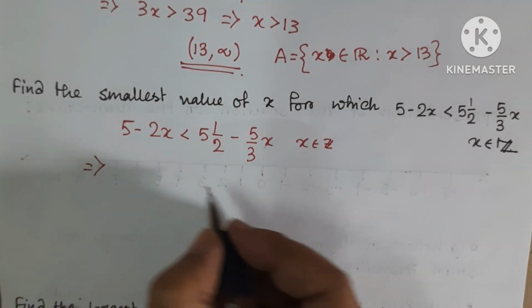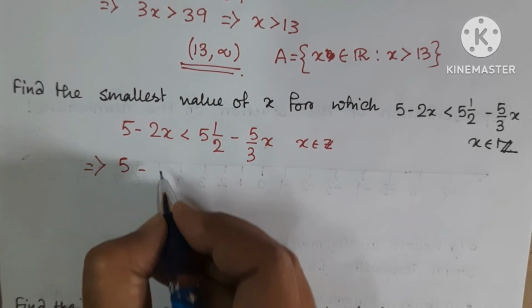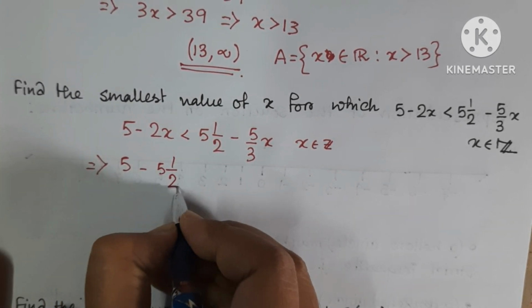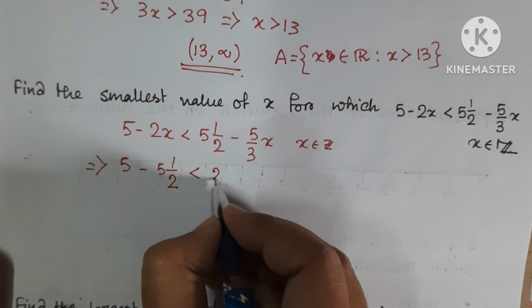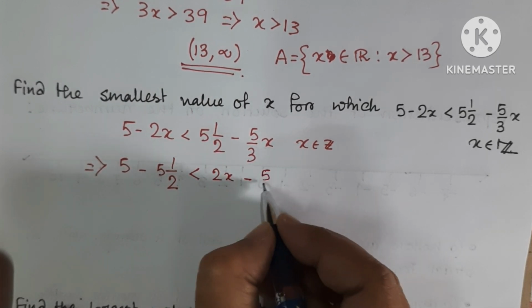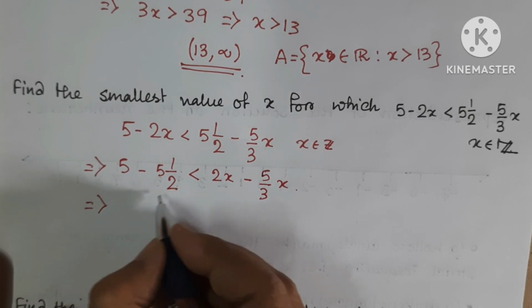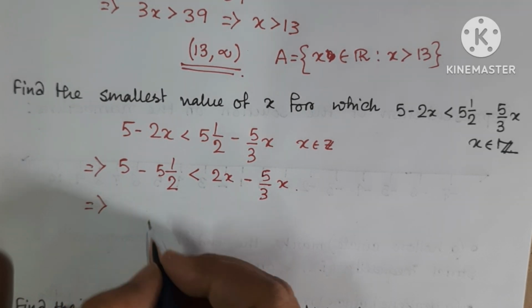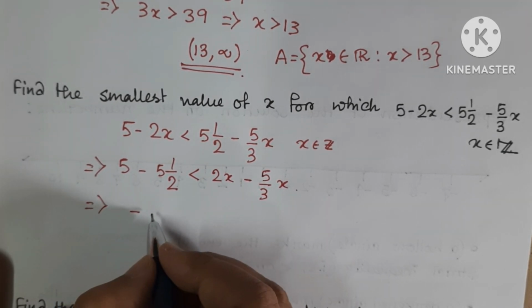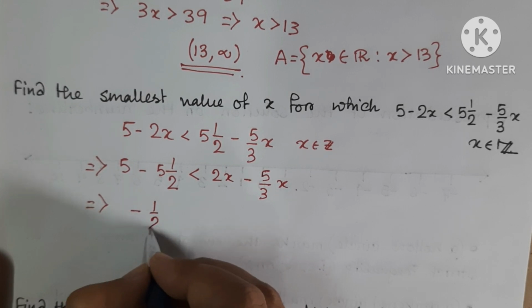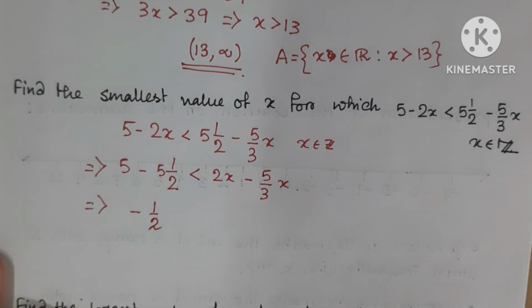Okay, 5 minus 5 and 1 by 2 is less than 2x minus 5 by 3 x. Okay, now it will give you minus 1 by 2, right?